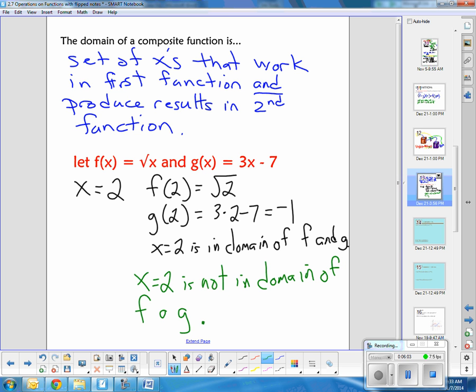And that can be kind of tough on some people because they're like, well, if 2 works in f and 2 works in g, how come it doesn't work when you put them together? And the reason is because of the statement we have at the top of the slide here: it's about the result that it produces.